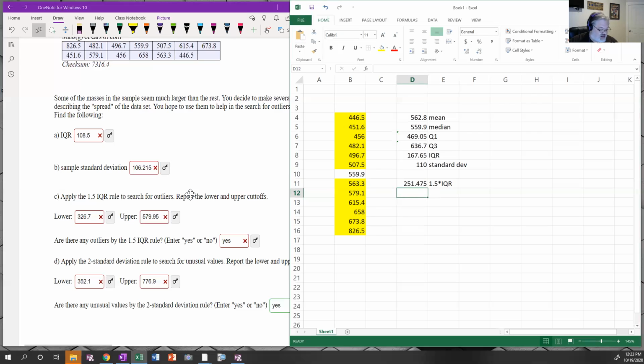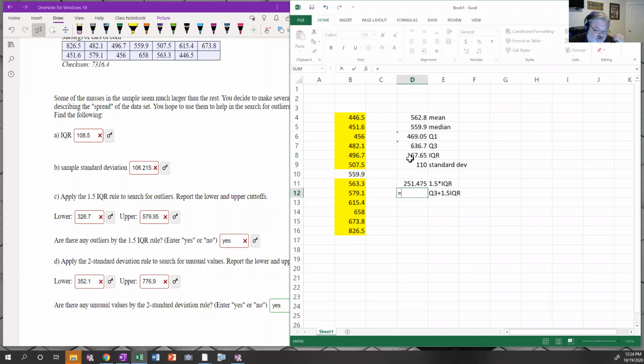We're not asked for that anywhere. But remember, our lower and upper bounds are found by taking our Q3 and adding the 1.5 IQR. Sorry, that should be Q3. And again, we have all those pieces.